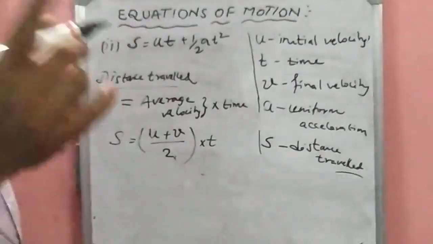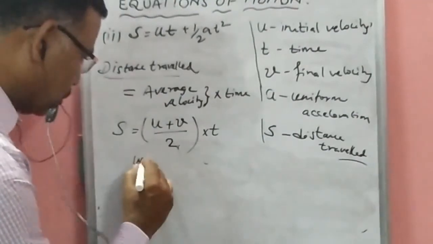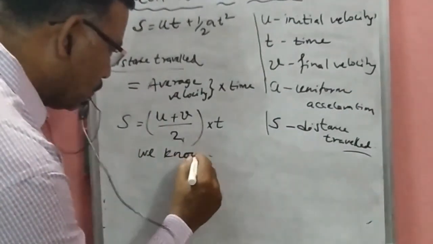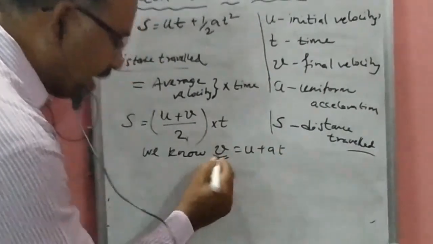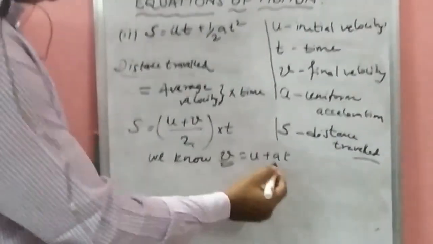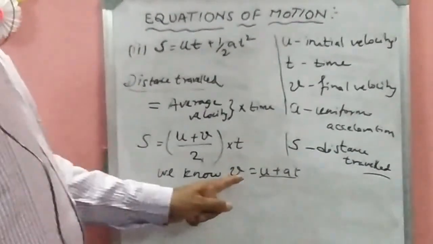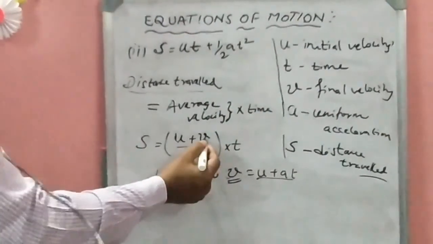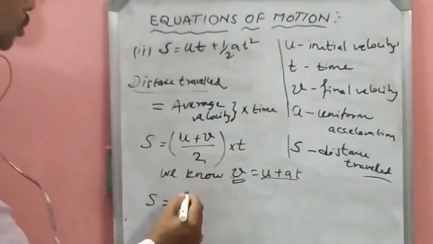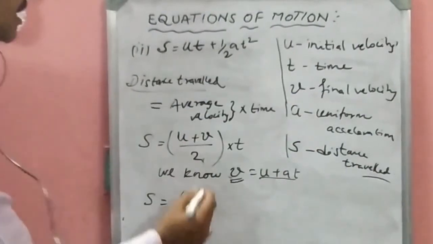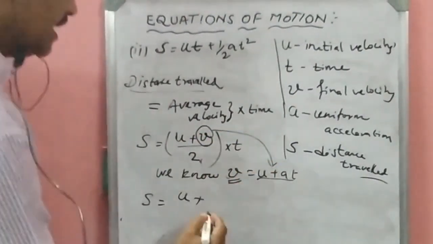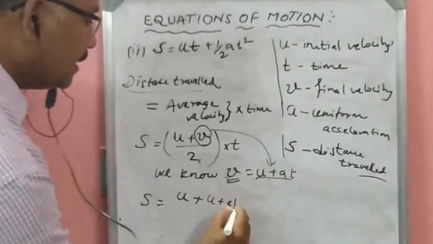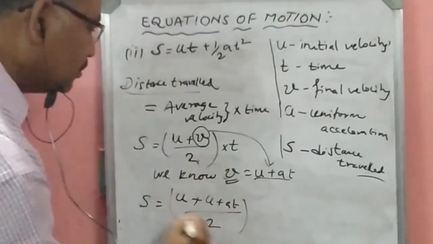So you know the first equation, just now we have derived, v is equal to u plus at. That means here the value of v is given by u plus at. So the value of v can be substituted here. s is equal to, u is already there, plus, instead of v I am substituting u plus at. So u plus u plus at by 2 into t.